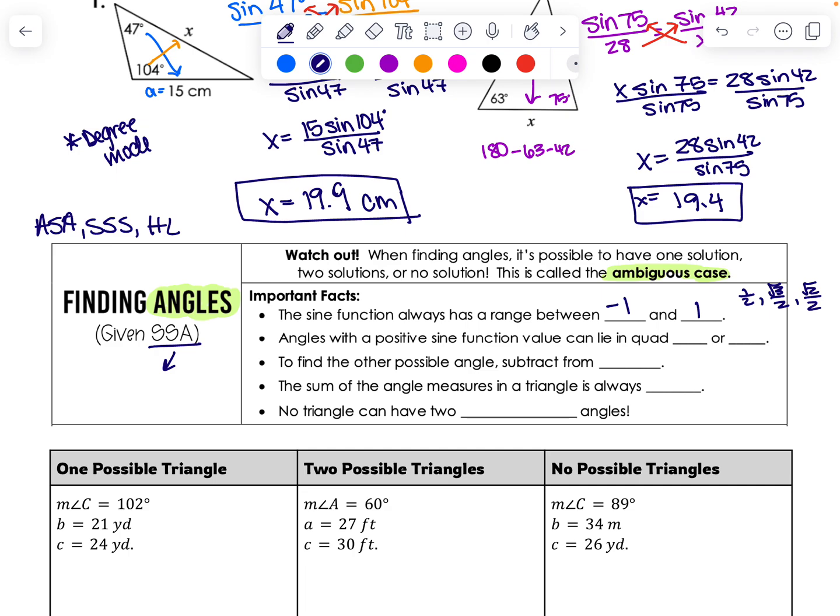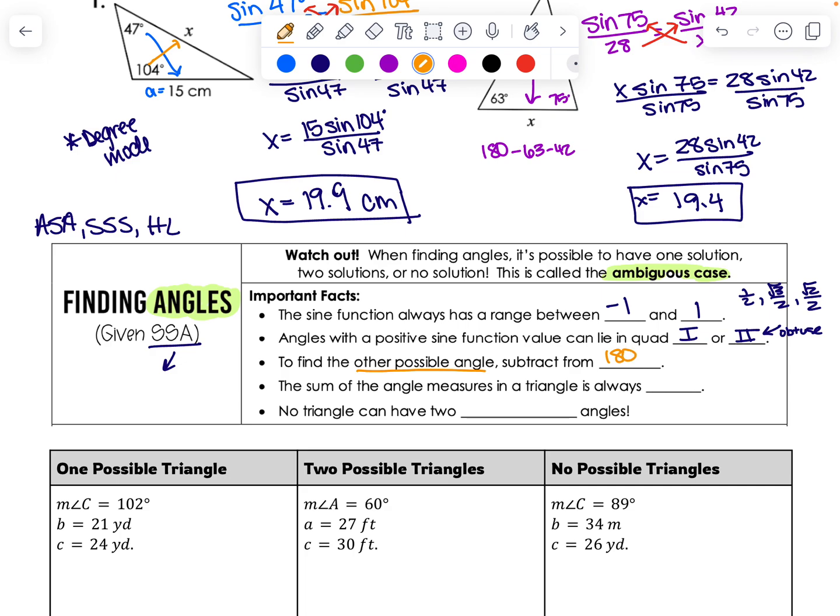The angles where sine is positive could be in quadrant 1 or quadrant 2. Quadrant 2 is where our obtuse angles would be, an angle between 90 and 180. So anytime we have side-angle, to find our other possible angle, we're going to subtract the angle that we get from 180.